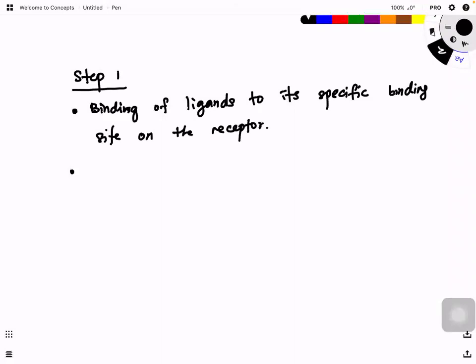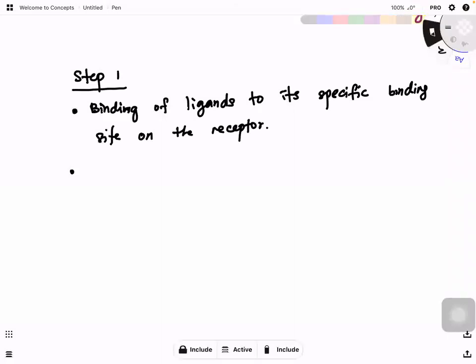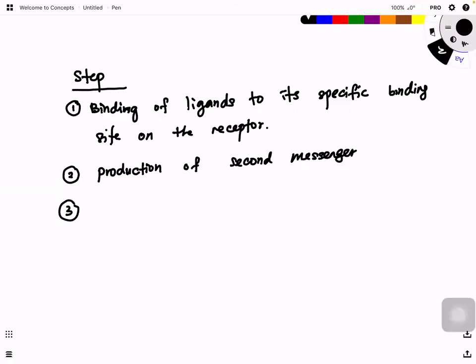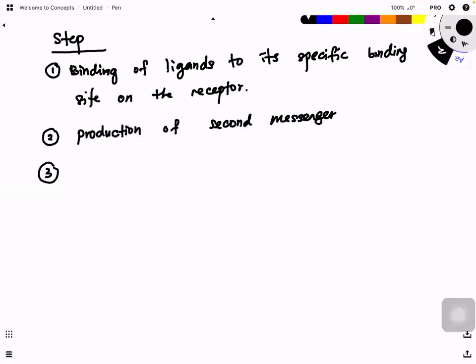Step number two: the binding will cause a series of reactions until the production of the second messenger. Okay, and because of this second messenger, you're going to involve the third step, cascade activation of downstream enzyme or protein.